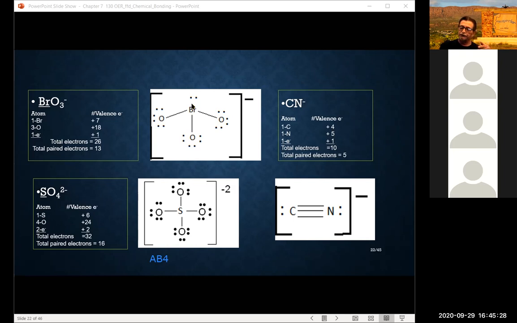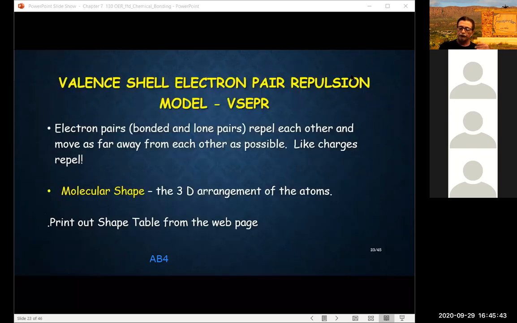These lone pairs take up a lot of space, and so they would drive the other species, the bromine oxygen bonds, away because of the lone pair taking up space, more so than the rest of the electrons that maybe are bonded. And so this thing here called VSEPR, which is valence shell electron pair repulsion model.